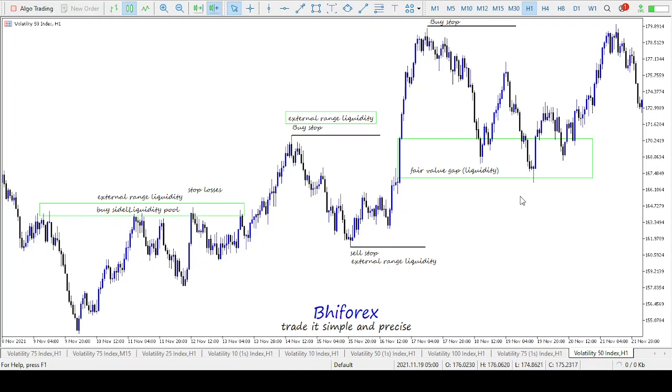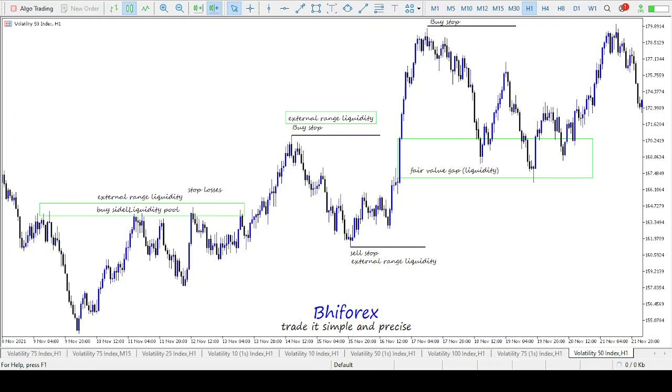The same thing for sell side. Okay, so this is just the overview of the liquidity concept. Throughout the week, we'll be talking more about the liquidity concept, and from there, we'll go into understanding the price delivery algorithm.